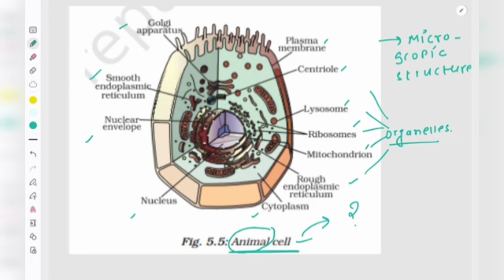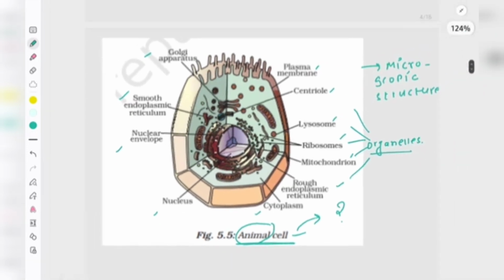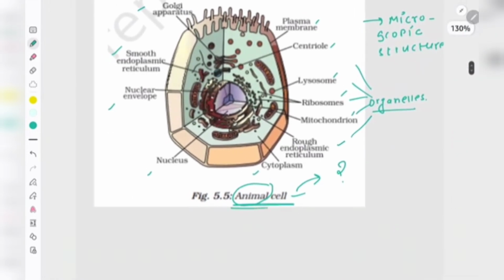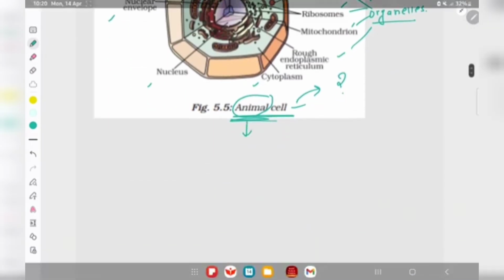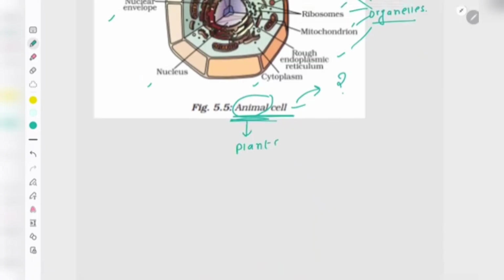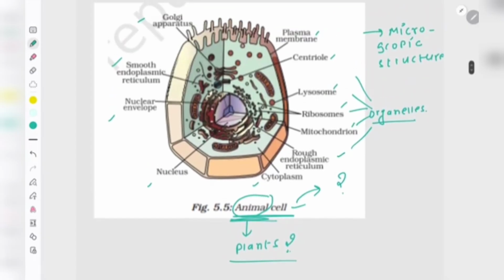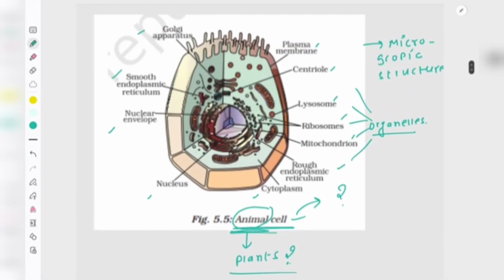Now, a very interesting thing to notice here: it is written as animal cell. So what do you think now? Do plants have a different kind of cells? Are there differences between plant cell and animal cell? Yeah, so these are some questions which we are going to answer in this chapter.